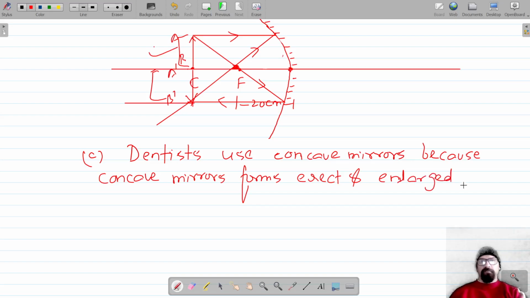The enlarged image is formed when the object is very close to the mirror.